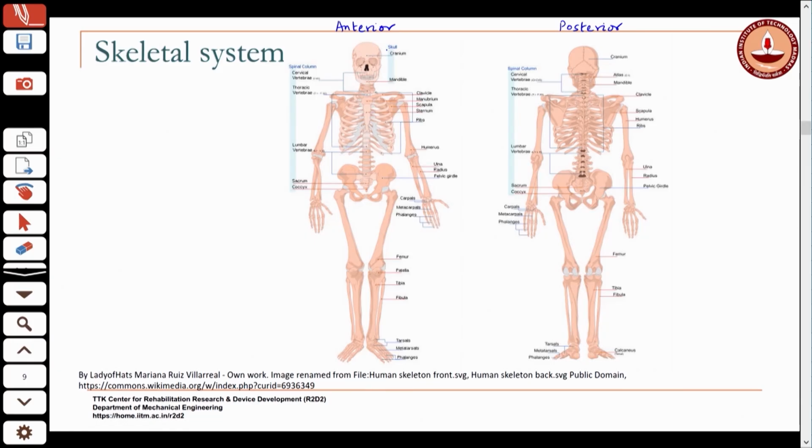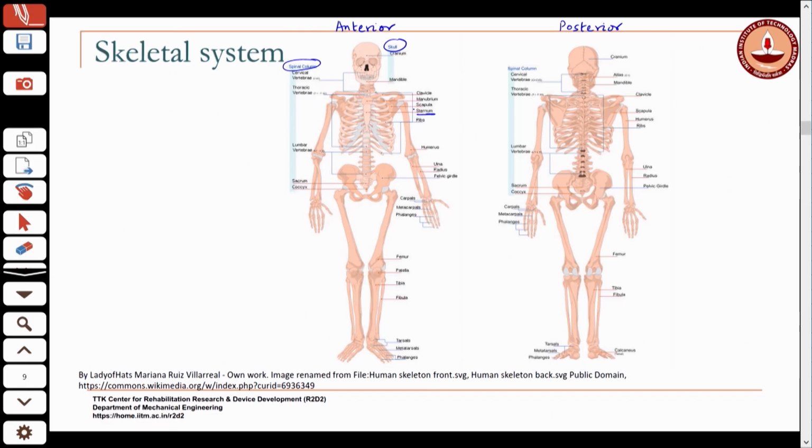the major bones. So, you have here the skull, then you have the spinal column which consists of various vertebrae, then you also have the ribs. Okay. You have what is known as the sternum or the breastbone in the front, to which the ribs are attached. The rib cage is attached to the sternum on the anterior side.